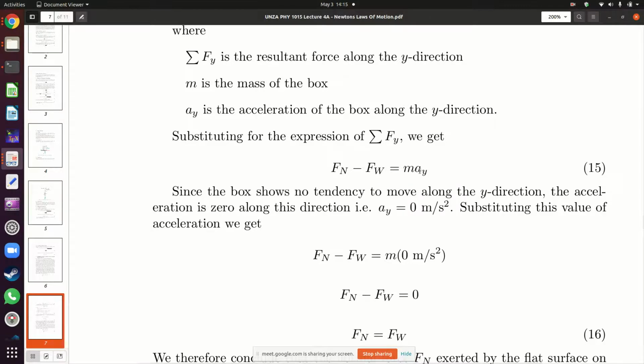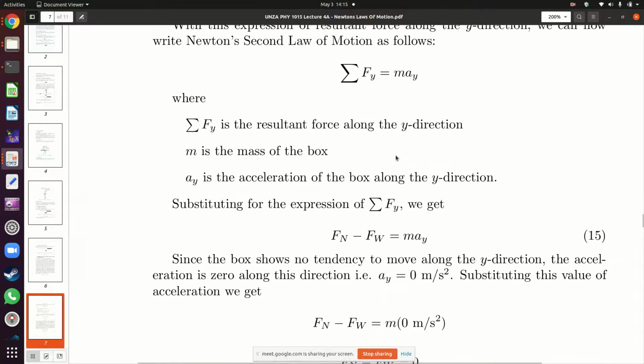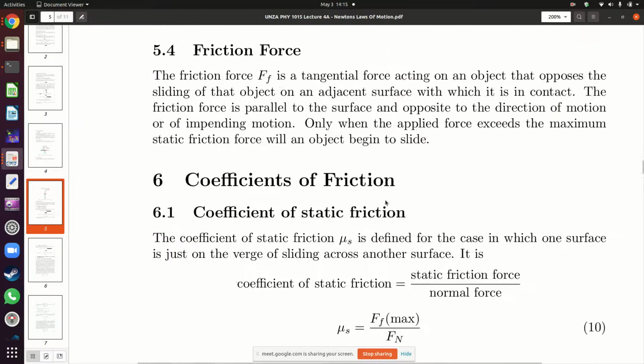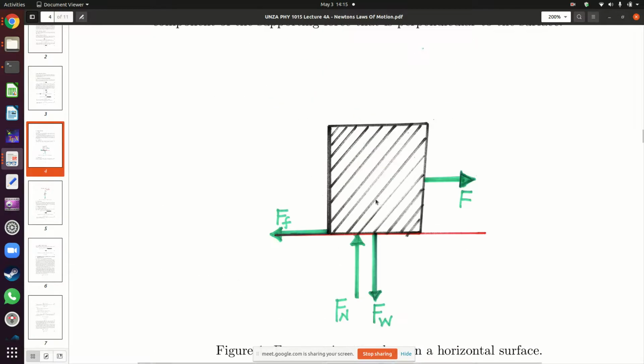However, along the y direction, on this horizontal surface which I've looked at, the box doesn't move along the y direction. In this particular diagram here, this box does not move along the y direction. It does not gain height, it does not lose height. So there is no change in the position of the box along the y direction.